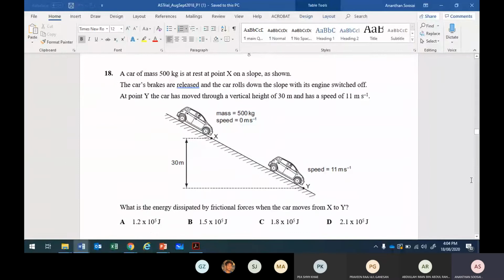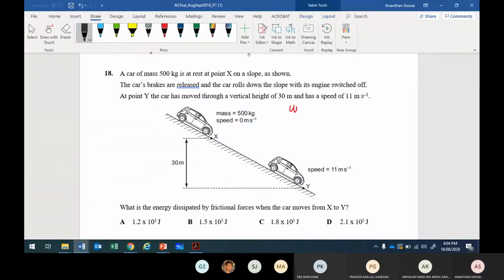Okay, the others who haven't tried, give a try. Whenever you see an inclined surface, the formula that must come to your mind is: work done by the thrust equals gain in EP, gain in EK plus heat.